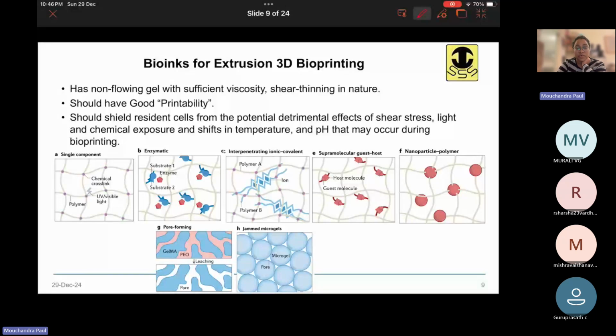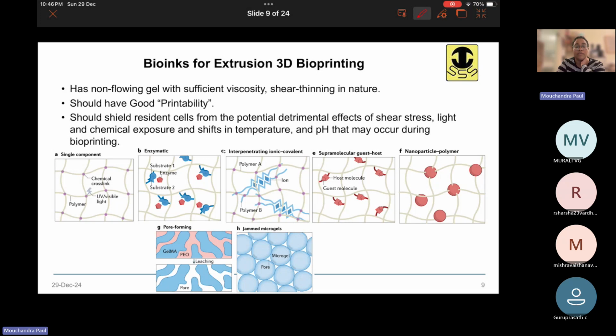It's an important property for the bioinks for this bioprinter, because we want the bioink to be in a non-flowing condition inside the cartridge.